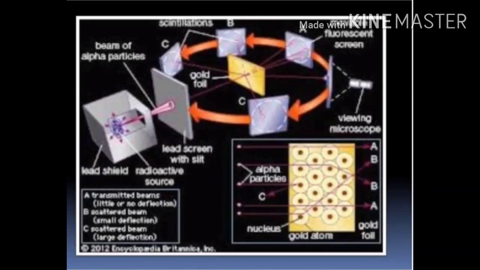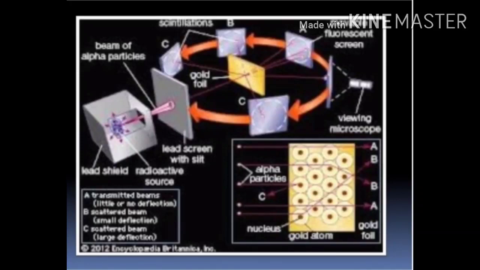These positively charged radiations were emitted from a radioactive element, that is radium, enclosed in a lead box, and were struck on the gold foil. He made some observations on the zinc sulfide photographic plate.